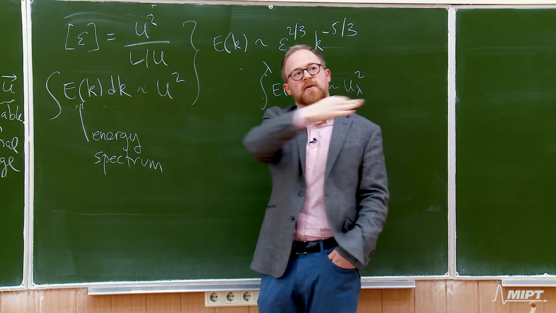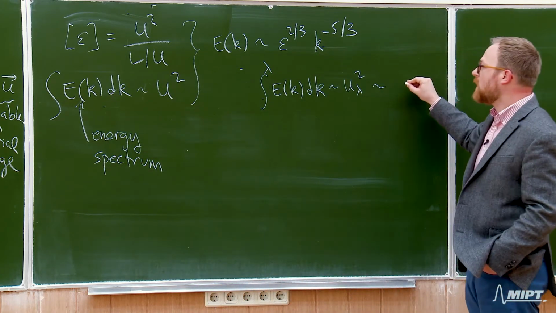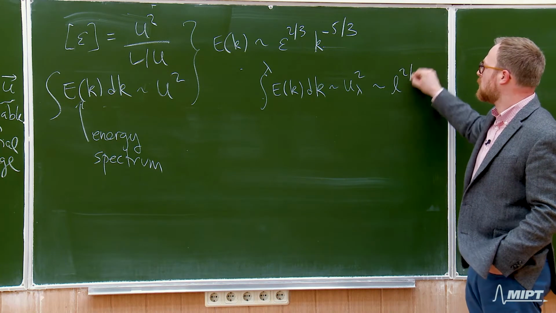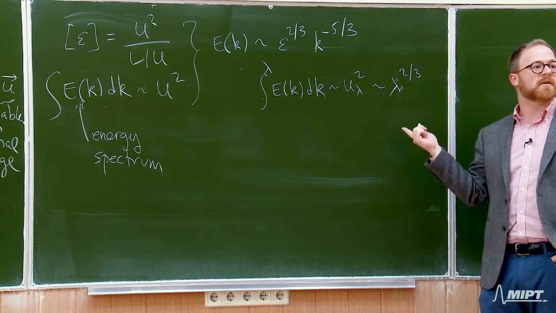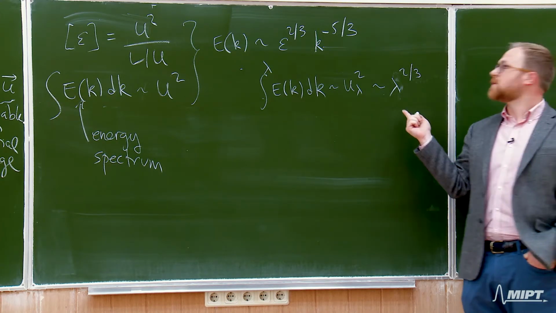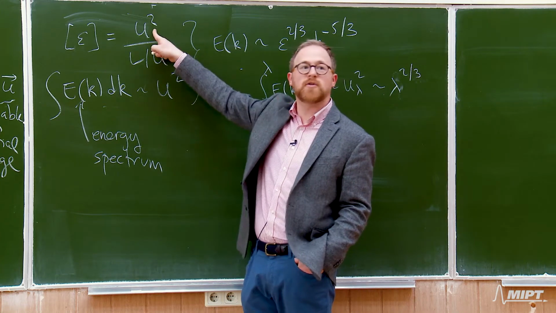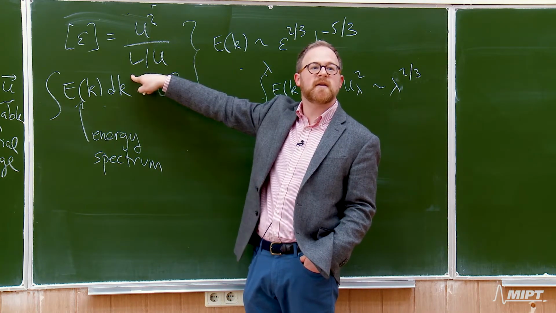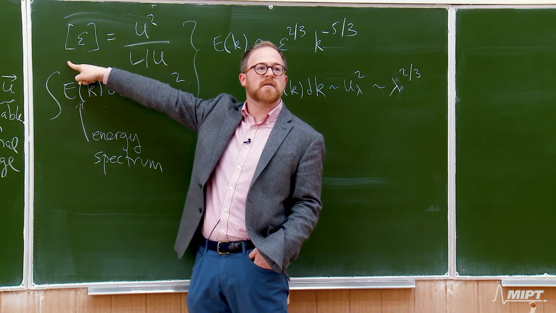And if it's constant the whole way through the cascade, that means that this has to go like lambda to the 2/3. Do you see that? So you get U cubed over L. If this is constant, U has to go like L to the 1/3.